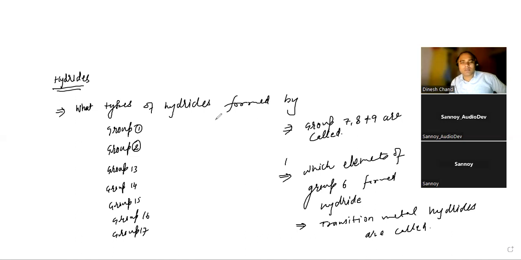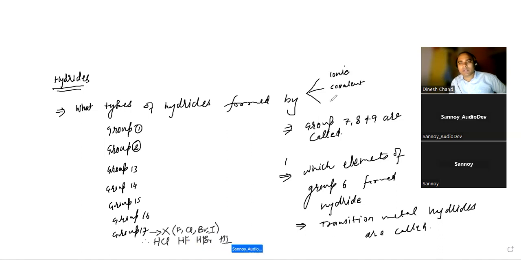Sir, first of all, this group 17 will have the HX ones. Name of hydride: just now you told that there are three types of hydride. First one is ionic, second is covalent, and third is metallic.